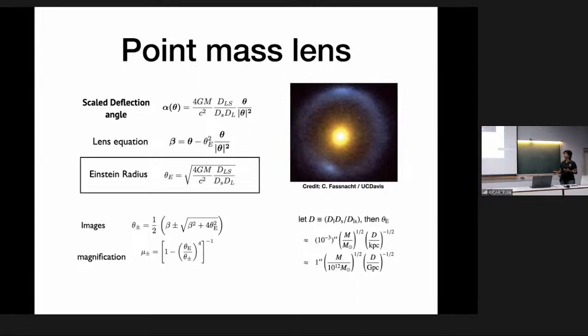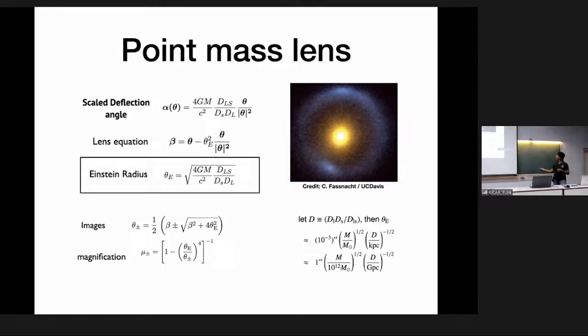But Zwicky was the one who knew about galaxy clusters, who knew that these galaxy clusters are much more massive systems, and he had the foresight that gravitational lensing could be observed because of these galaxy clusters.